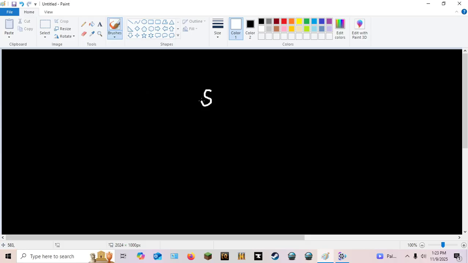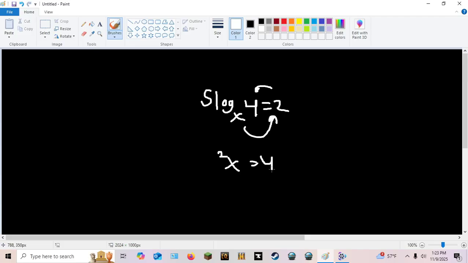Let's go to a super logarithmic equation. Super logarithm base x of 4 is 2. I need to convert to tetrational form. x tetrated to 2 is 4. Now, instead of taking the radical of both sides, I need to take the super root of both sides.